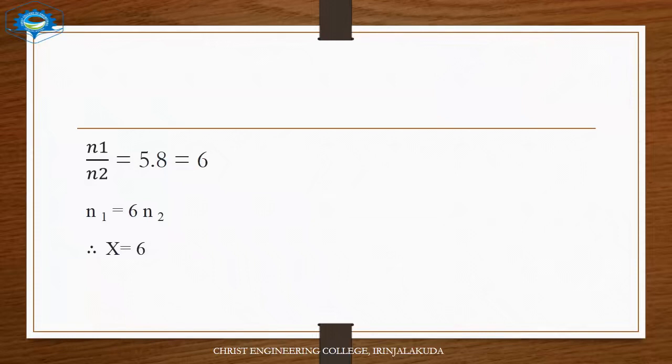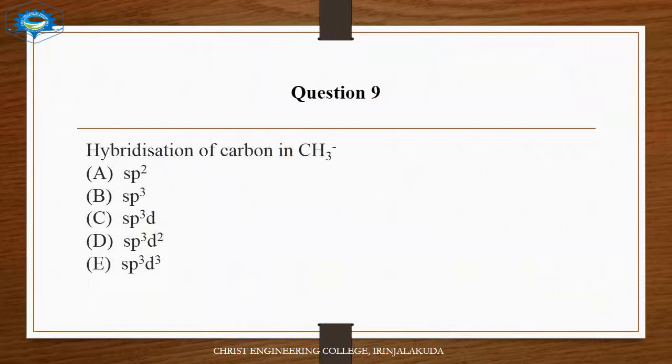So N1 by N2 equals 6, cross multiply, which means the value of X equals 6. N1 is the number of moles of water, N2 is the number of moles of sodium carbonate. So that is the value of X.